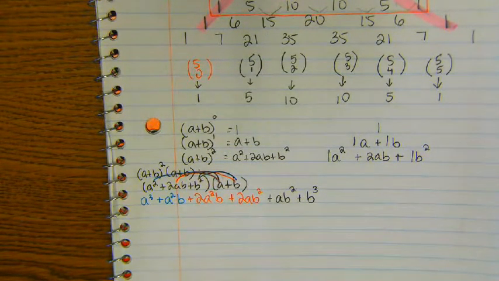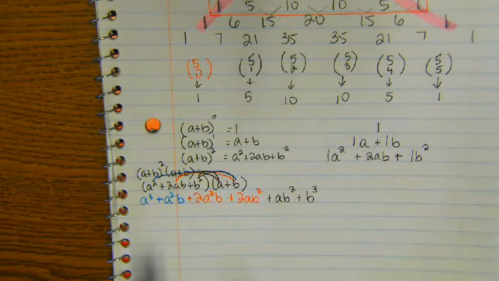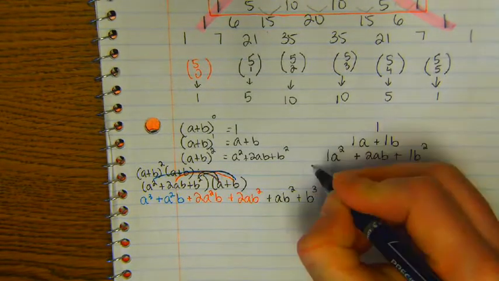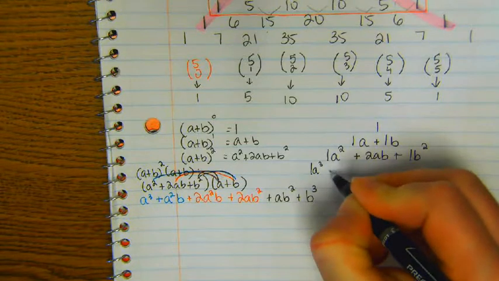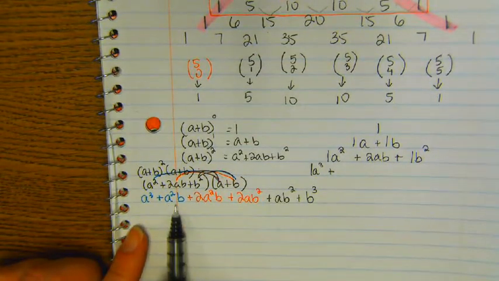Okay. Now, let's add like terms together, and I'm going to place it in the same spot here, okay? Are there any other a cubes? Nope, so I have just 1 a cubed. Okay, do you see here how I have 1 a squared b plus 2 a squared b?